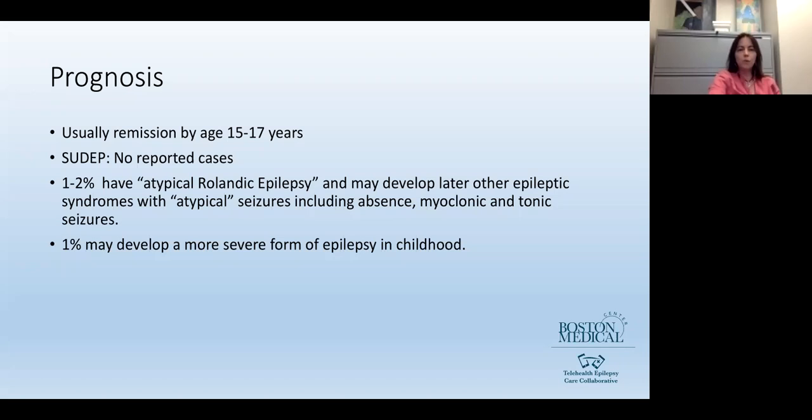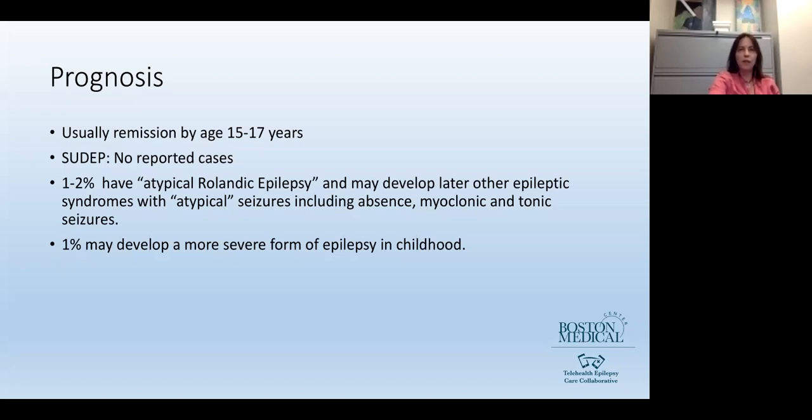In about 1 to 2% will develop what we call atypical Rolandic epilepsy, where they have more severe seizures, different seizure types with atypical absences, myoclonic and tonic seizures, and they sometimes may not outgrow the symptoms. And some of them may develop other severe forms of epilepsy in childhood.